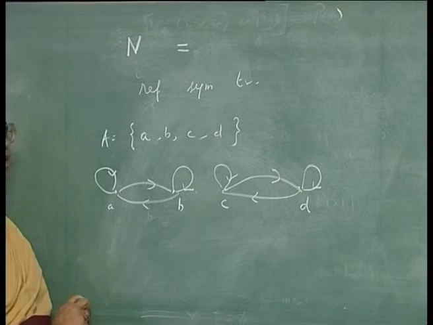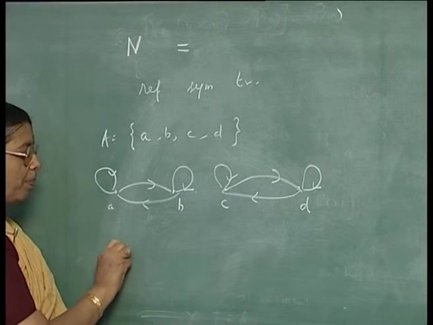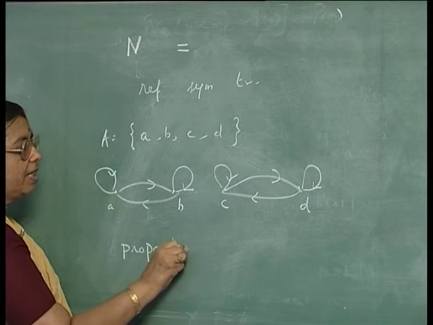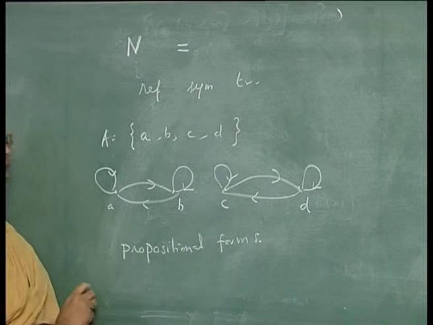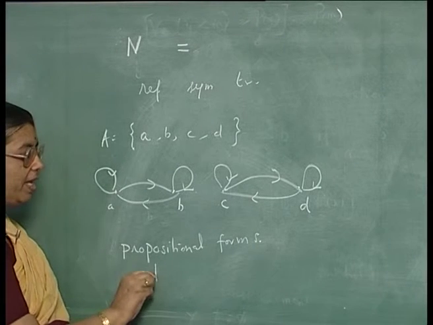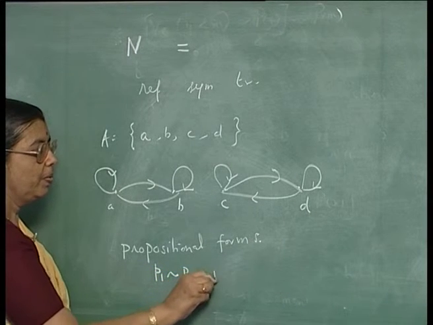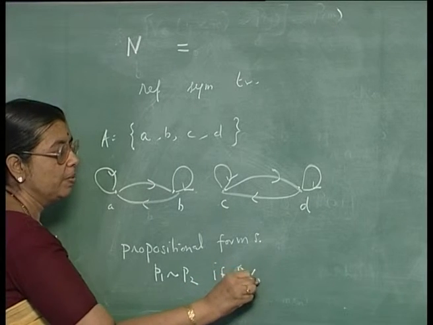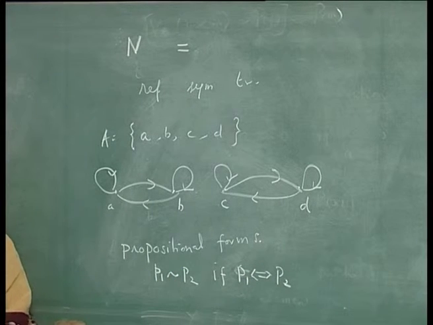Or if you take the set of propositional forms, that is well formed formulas of the propositional logic, you say P1 is equivalent to P2 if they have the same truth table.